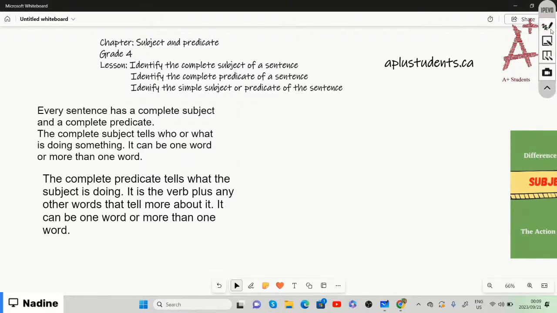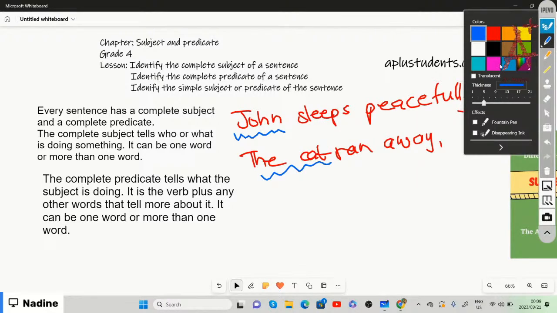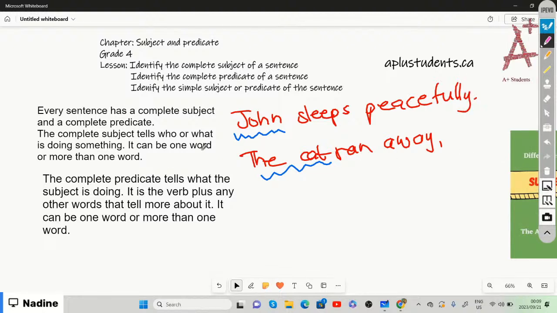So in the first, John sleeps peacefully, we said John is the subject and then sleeps peacefully is our predicate. So this is the predicate and this is the subject.